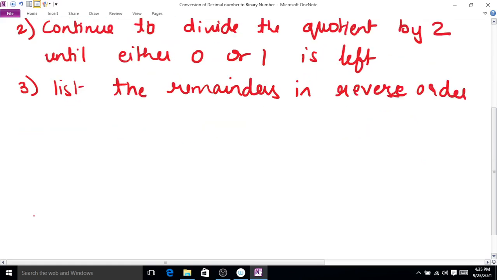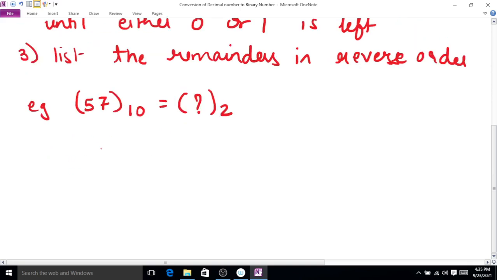So we will see an example. Suppose we are given 57. This is our decimal number and we have to convert it into binary. So according to the first step, we will divide 57 by 2. So we will get 28. 2 into 28 will give us 56. So remainder will be 1.